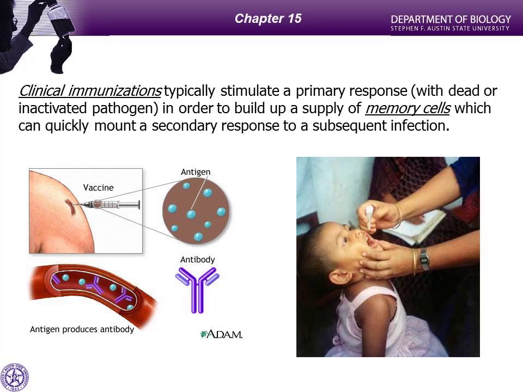What are you boosting? Your memory T cells. Now, supposedly, if there is a terroristic attack and they use the smallpox pathogen, supposedly I'm going to be okay. Because I got that vaccine when I was a kid. Y'all are in trouble. Because they stopped doing that a long time ago because smallpox has largely been eradicated, but smallpox still exists.